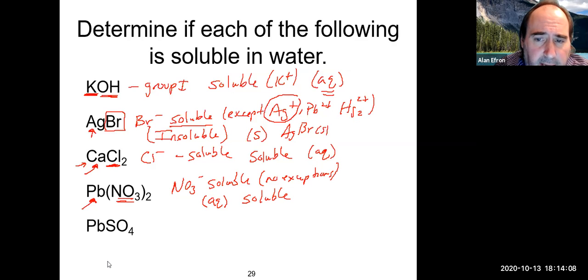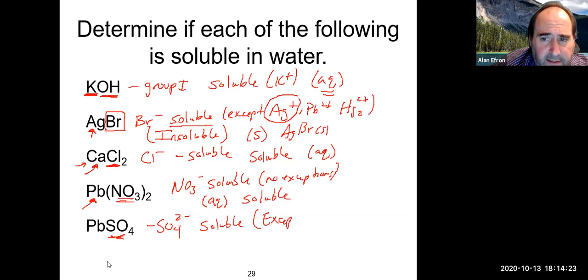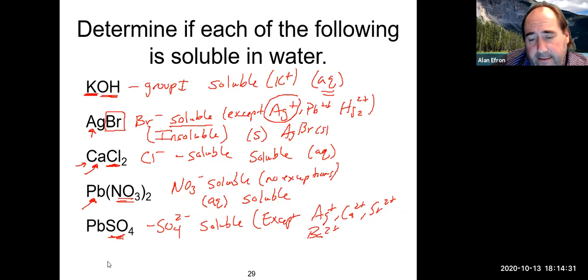Okay, so the last one, which is sulfate. Again, sulfate is typically soluble, but it does have some exceptions, and some of those exceptions are silver, calcium, strontium, barium, and our good friend lead there.